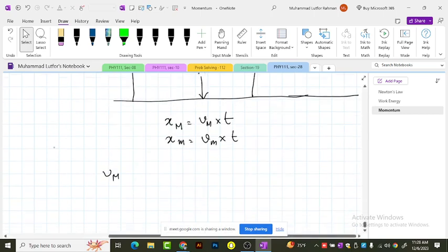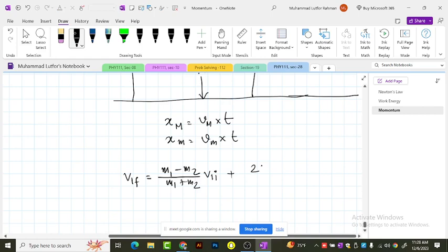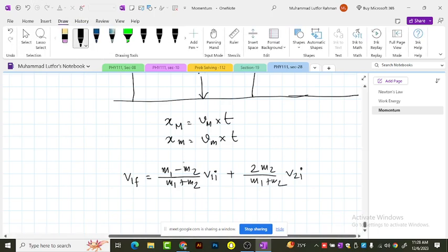Then I'll write the formula I gave you. V1F should be (m1 minus m2) divided by (m1 plus m2) times v1I plus 2 m2 divided by (m1 plus m2) times v2I, right? This is the first equation.